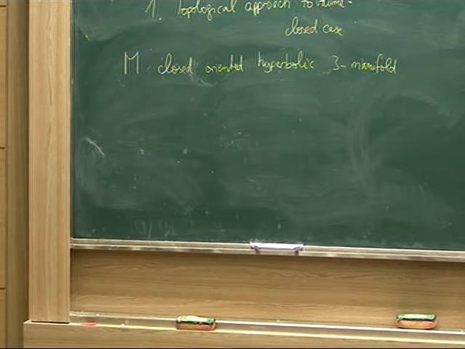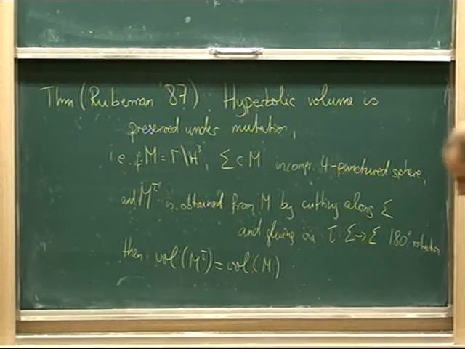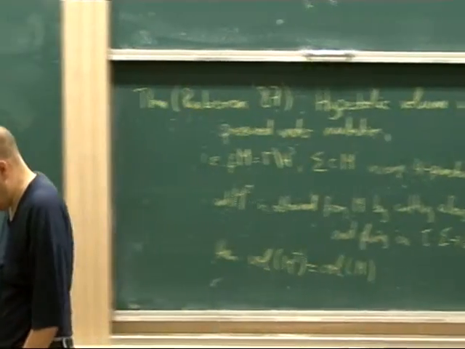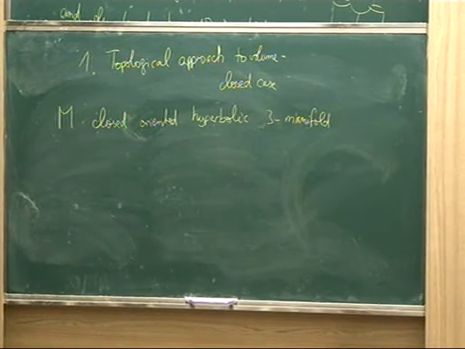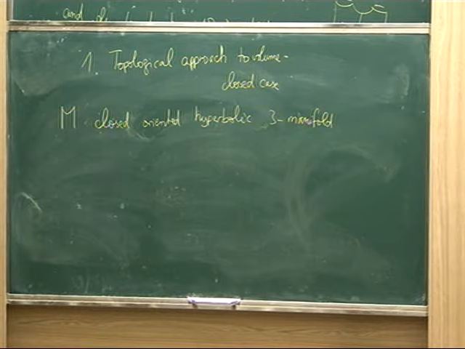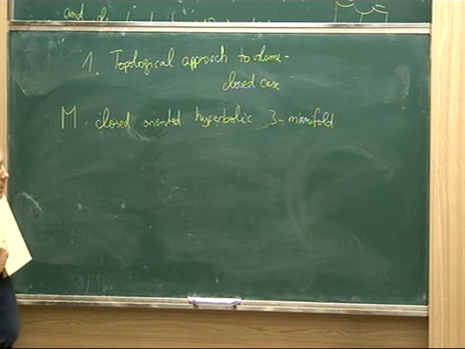Okay, I want to give some topological argument for the equality of volumes. So I have somehow to describe the volume topologically. There is a classical approach to describing volume by topology due to Gromov, but this is not what I will use. Gromov's approach was the simplicial volume, which in particular gives the hyperbolic volume for hyperbolic manifolds. This simplicial volume, it's difficult to describe how it behaves with respect to cut and paste.